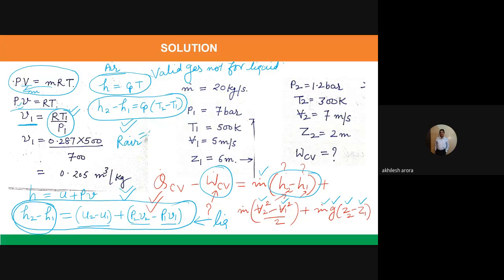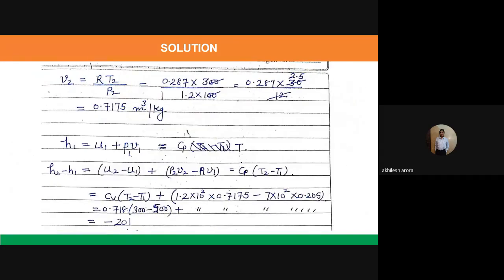Now I am not writing the units here. So from here I have calculated the value of v1. In a similar manner, I can calculate the value of v2 here, putting in all the values, T2, P2, R. The pressure is taken in kilopascal.